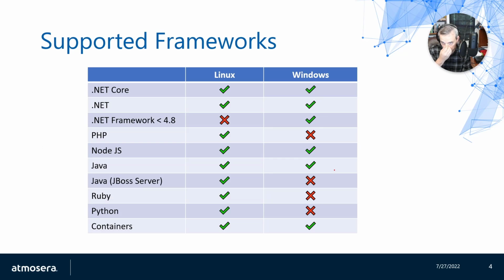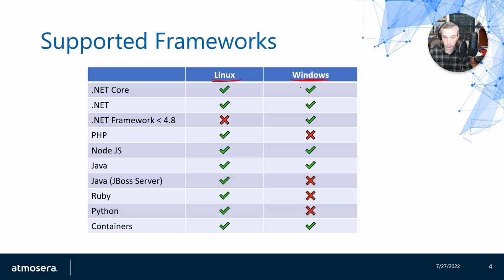So the two main drivers between which one you're going to choose from is what operating system am I going to use on an app service plan, and then what framework am I going to use. So out of the box, App Services provides support for a number of popular platforms.